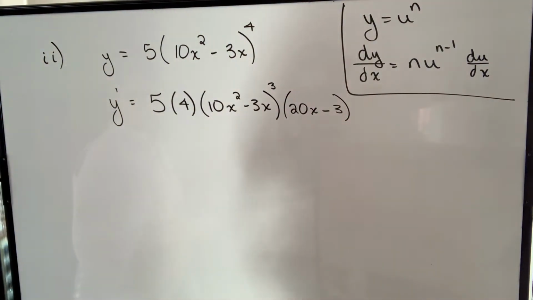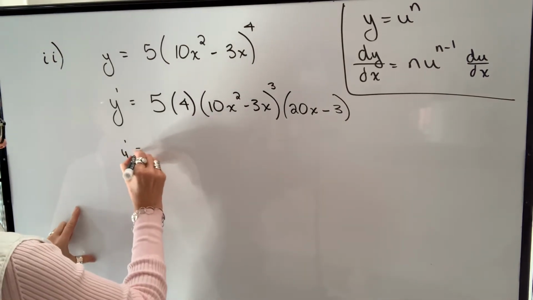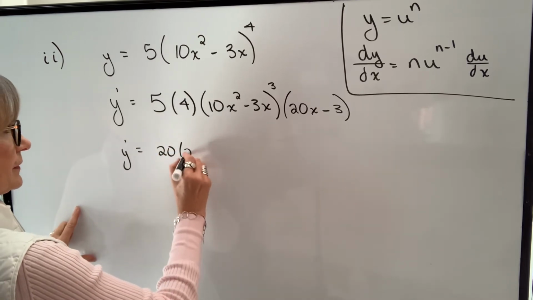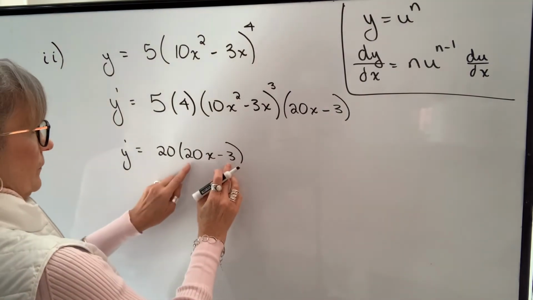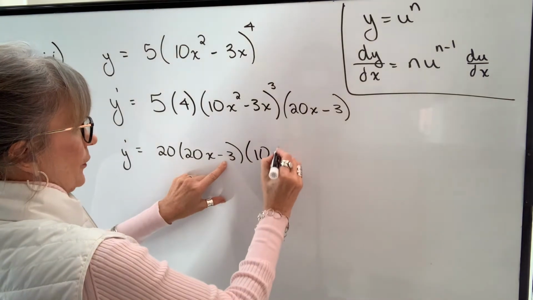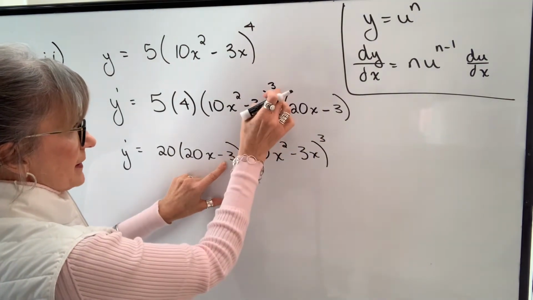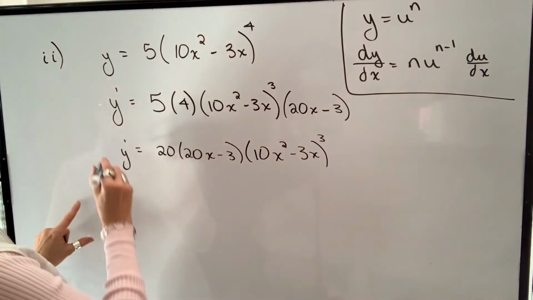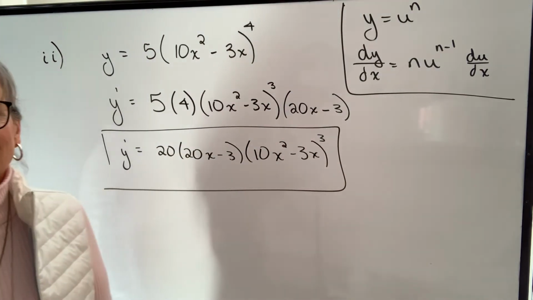That's the derivative, and you probably would clean it up a little bit. So we could have 20, and you could multiply through 20 to 20x minus 3 if you want. You cannot multiply it through to this because we have a power other than 1. I'm just going to leave it like that, and we're done.